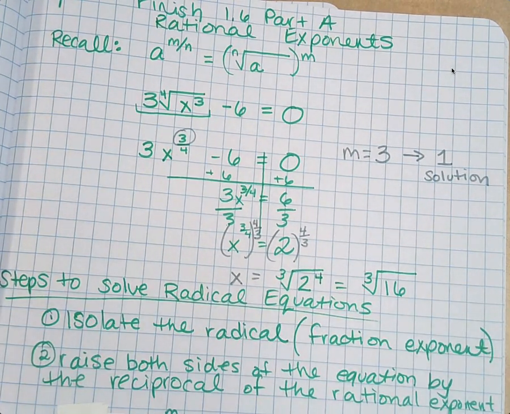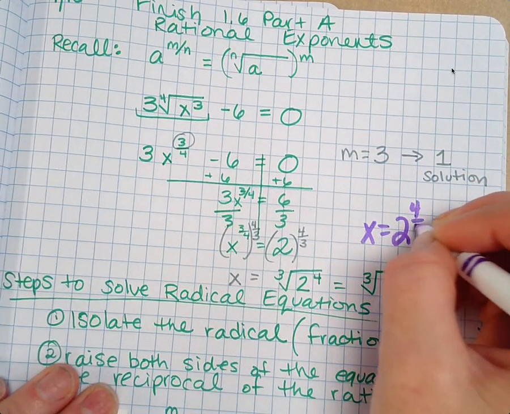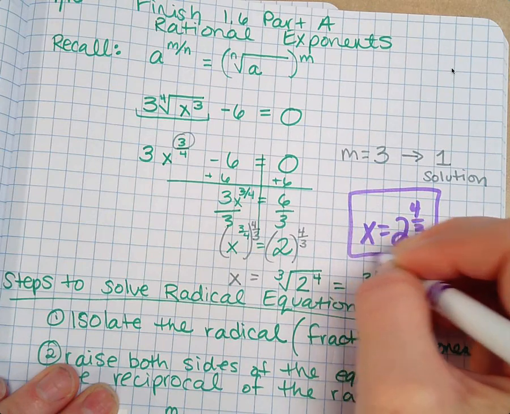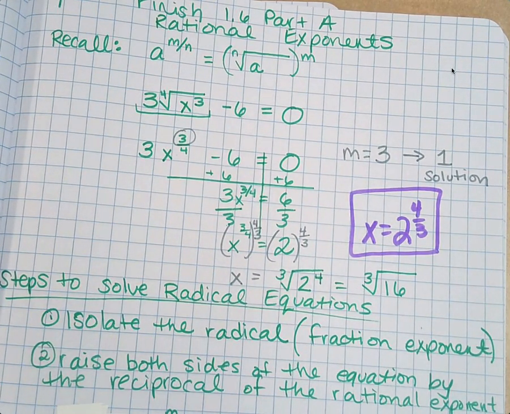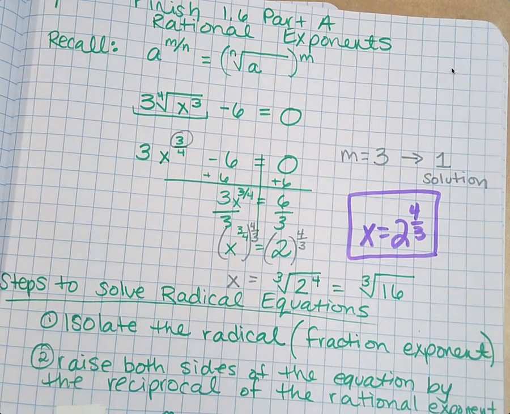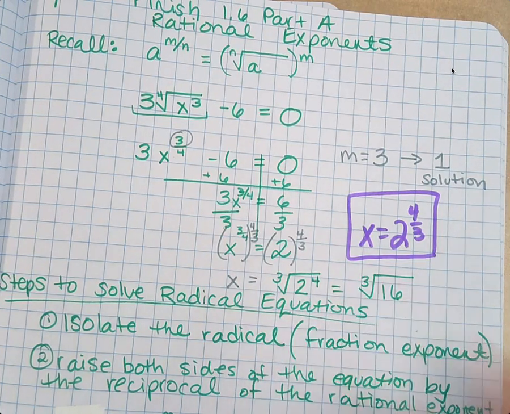The way the textbook reads, it's actually x equals 2 to the 4/3. That's how they're going to want it written. So there's just that one solution.